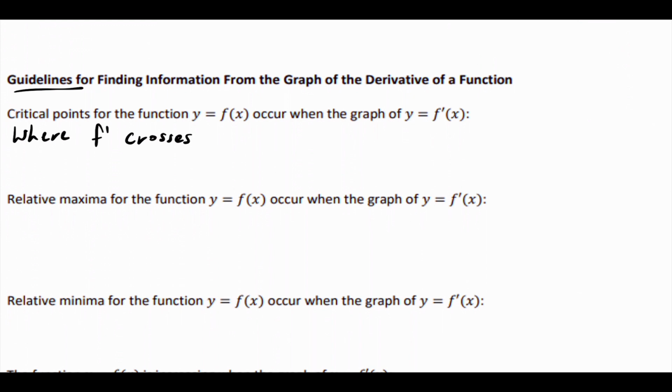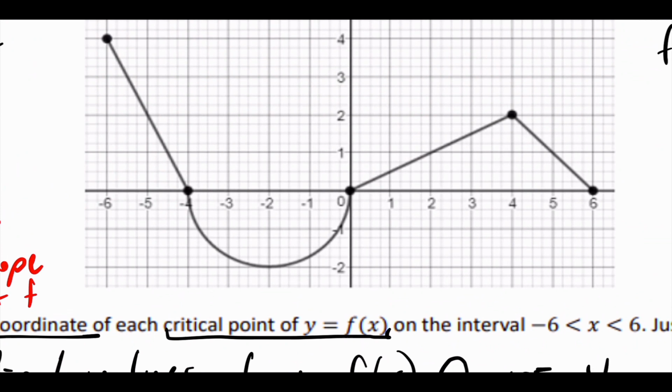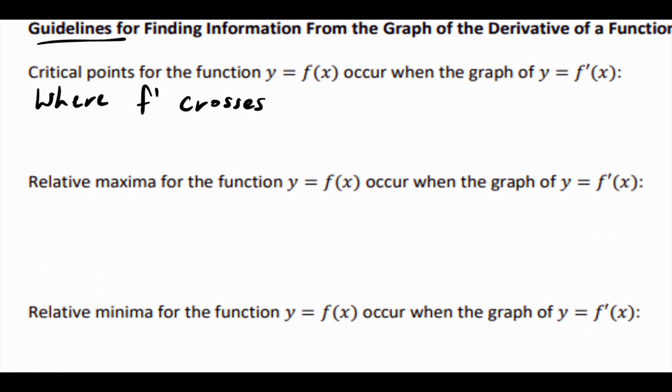Here's a question. What if it just touches the x-axis? Like, what if I have a graph, let's say this graph, and it went down here, but then it kind of bounced off. Would -4 still be a critical value? It would be. So bounces is okay, crosses is okay, just touches. So let's make sure we put that. Crosses or touches the x-axis.